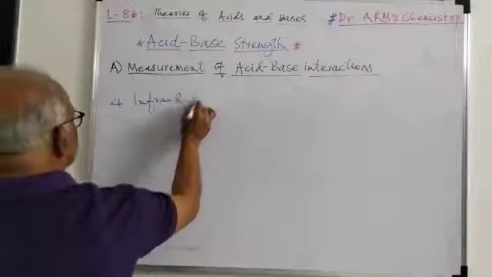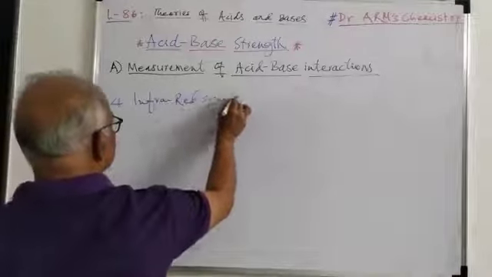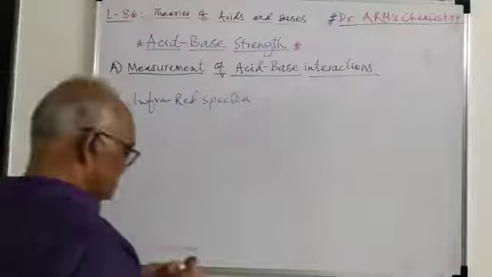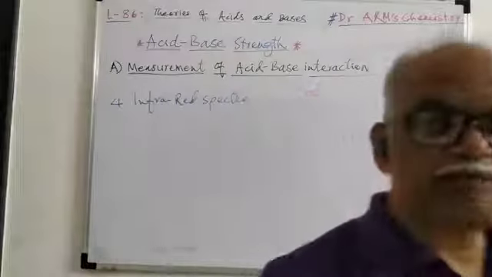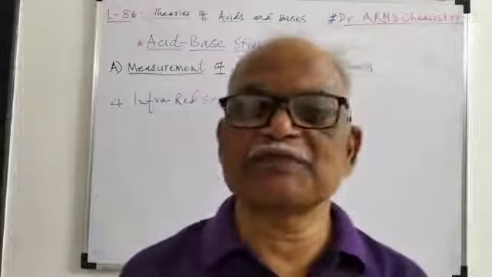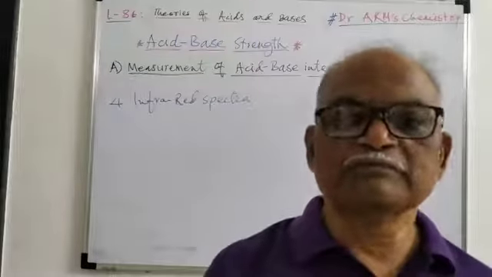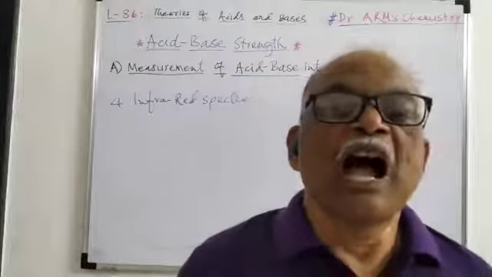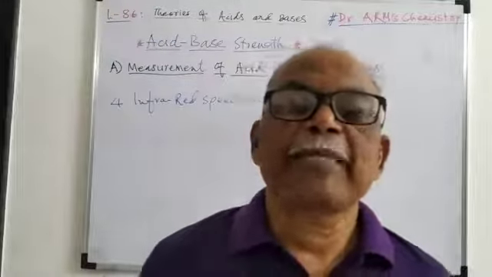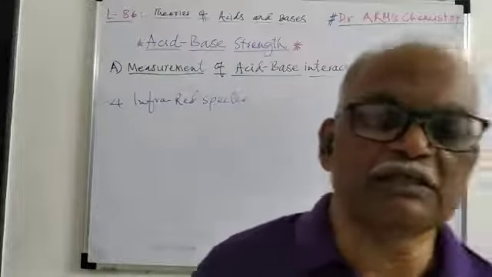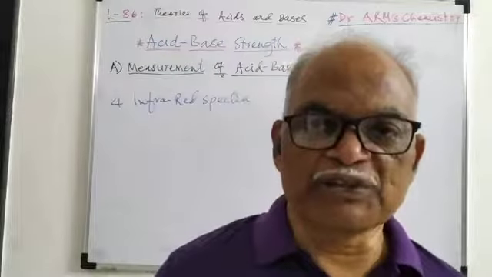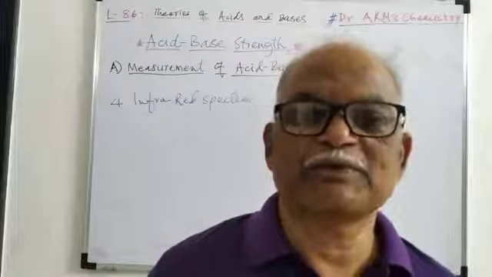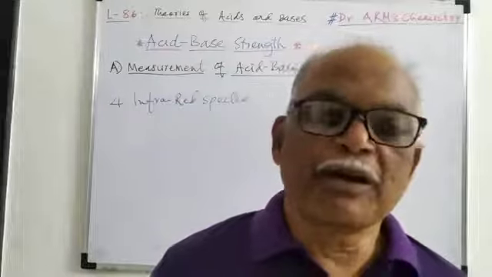Infrared spectrum. So this infrared spectrum is obtained in case of various functional groups, and these functional groups show their corresponding frequencies of radiations that are absorbed by the substance.